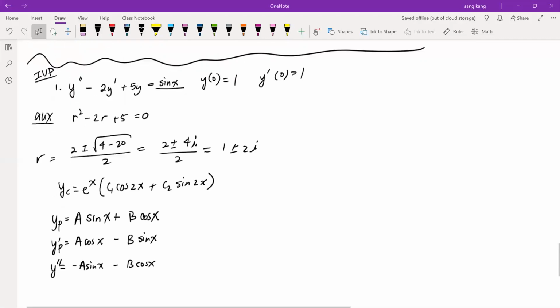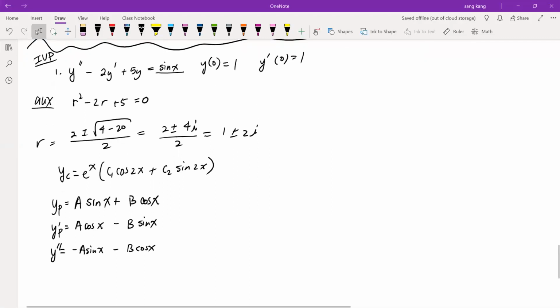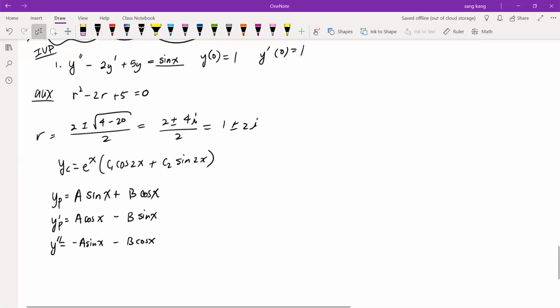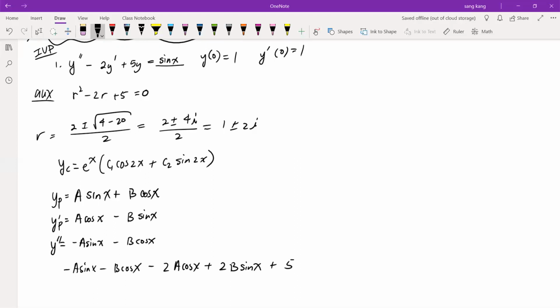We plug into our differential equation. So we'll have negative a sine x minus b cos x minus 2 times y prime, plus 5 times y, 5a sine x plus 5b cos x. This equals our right-hand side, sine x.